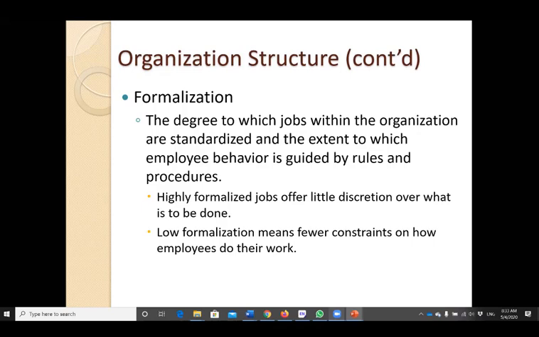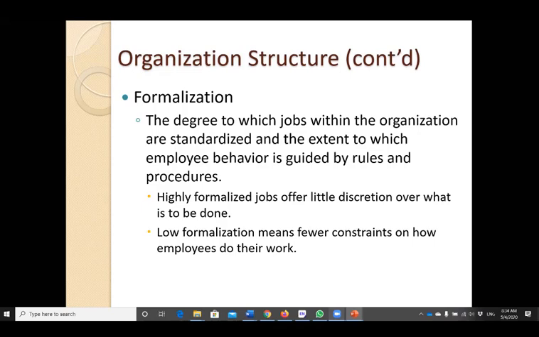So, you see, if you want the lower-level employees to be more creative, it means you have to remove some barriers or constraints, right? To be more creative, give them some space to create something new, right?